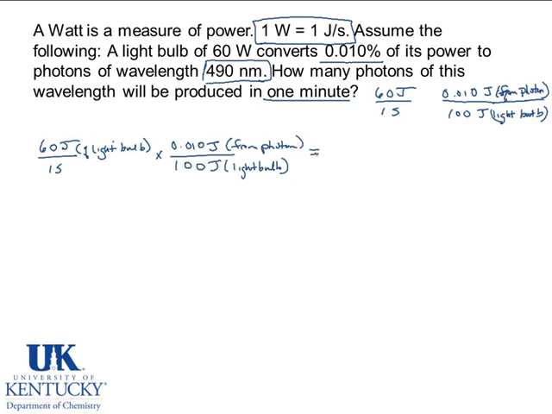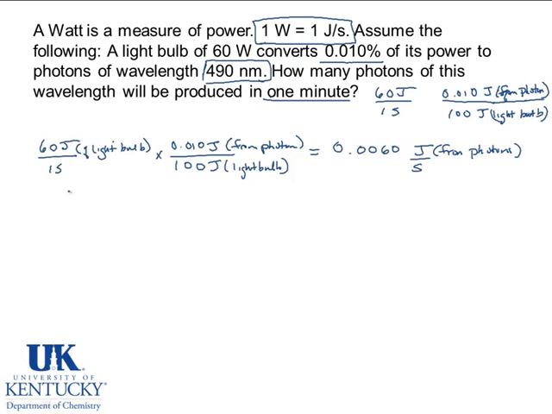This will give us 0.006 joules per second. Second didn't go anywhere. Per second, and this is joules from the 490 nanometer photons. So that is what we know. When this light bulb runs for a second, 0.006 joules of photons at 490 nanometers would be generated.